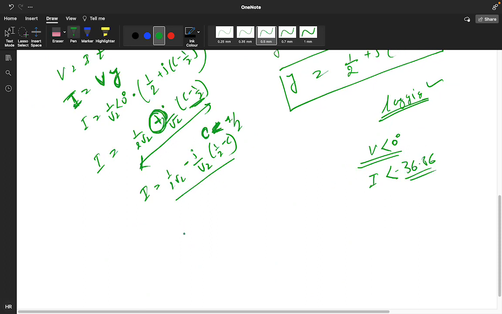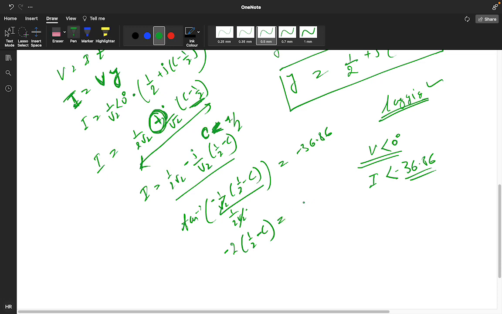So solve this: tan inverse b by a, so minus 1 by root 2 into (1 by 2 minus C) divided by 1 upon 2 root 2. So you will get minus 36.86. So this 2 will go upside, so it will be minus 2 (1 by 2 minus C), and this is tan of minus 36.86.